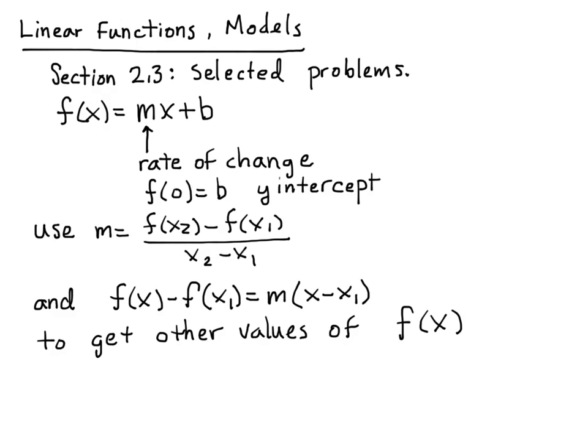But that equation is really just the point slope form of the line. So the problems that you're going to have on Tuesday, and perhaps some homework problems, will be relating to word problems that talk about rates of change in linear situations.